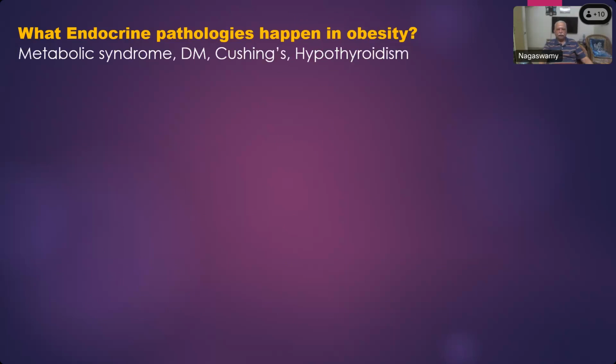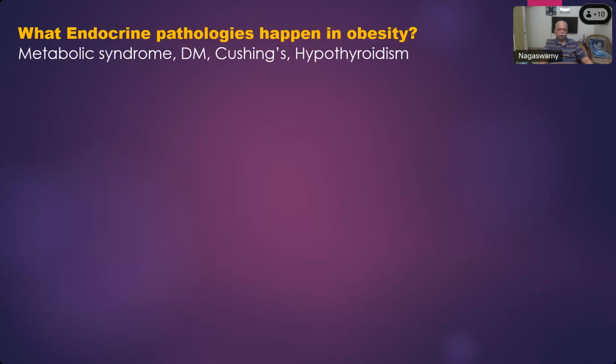But Cushing's syndrome and hypothyroidism, they may contribute to obesity. Patients who have this hormonal defect in Cushing's syndrome and hypothyroidism become obese because of the activity of the hormones. So obesity can be caused by endocrine pathologies, and some endocrine pathologies are caused by obesity.